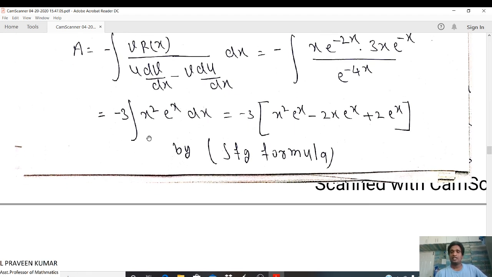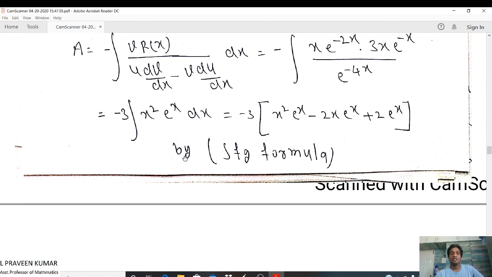If I simplify, e power minus 2x times e power minus x gives e power minus 3x, and in the denominator e power minus 4x. It becomes e power plus 4x when it comes to the numerator, and it becomes e power x. Here x square, and I am taking minus 3 outside. See, it is x square e power x.